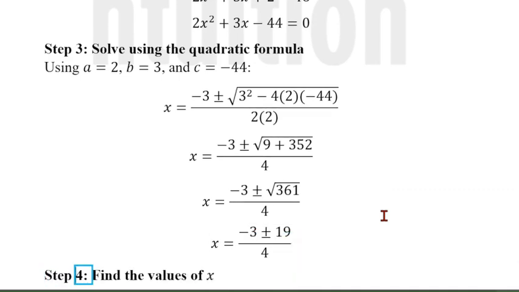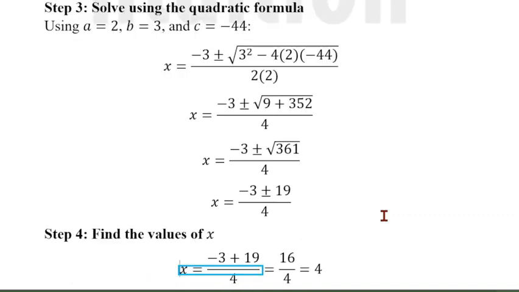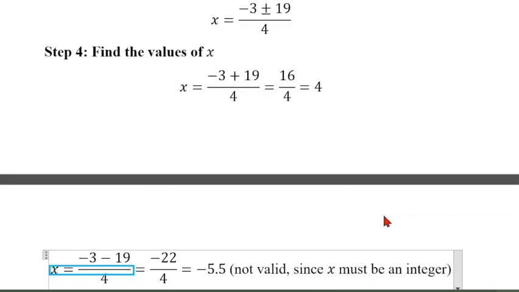Step 4. Find the values of x. x = (−3 + 19) / 4 = 16/4 = 4. x = (−3 − 19) / 4 = −22/4 = −5.5 (not valid since x must be an integer).